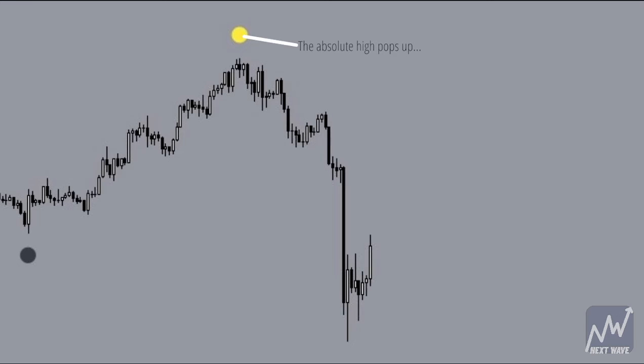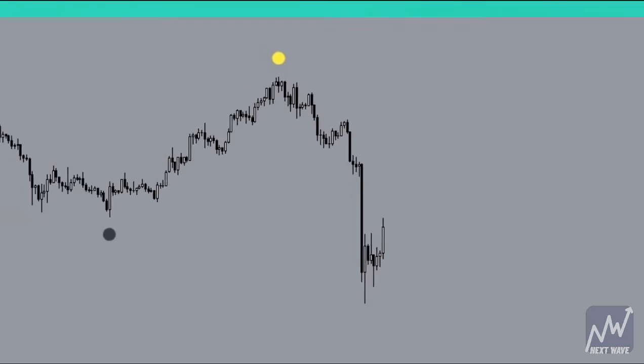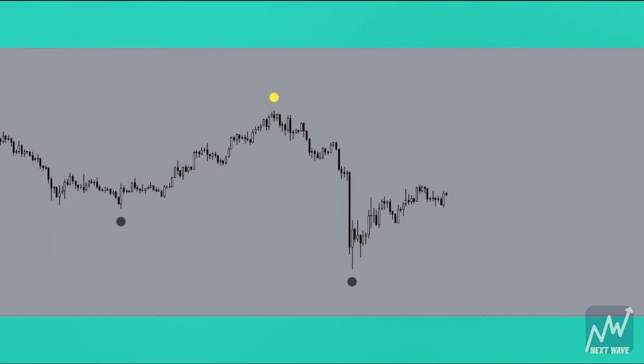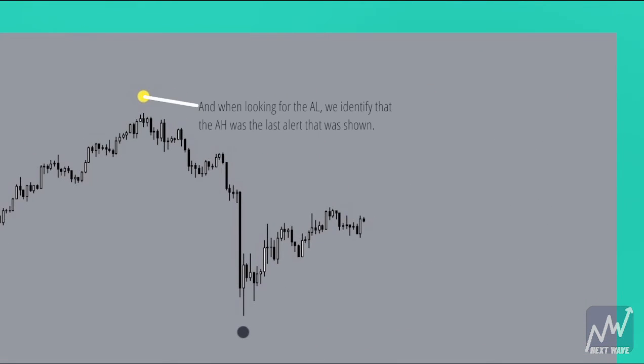So the absolute high pops up once this candle pops up. So we can see that it took a very long time until that absolute high even popped up and printed. And when looking for the absolute low, we identified that the absolute high was the last alert that was shown.